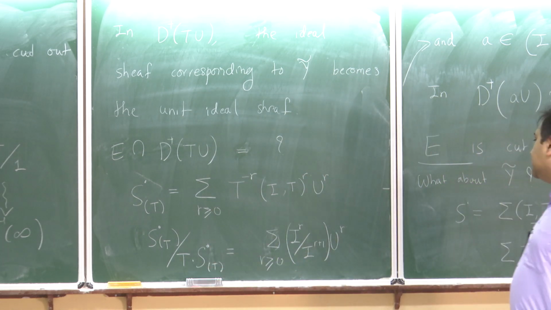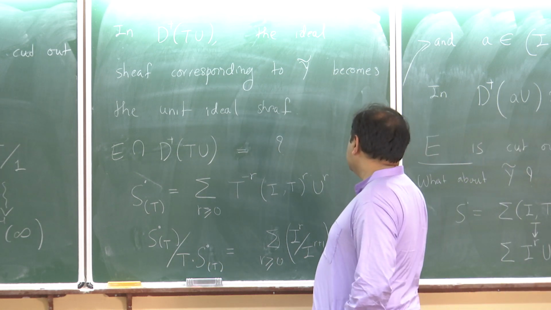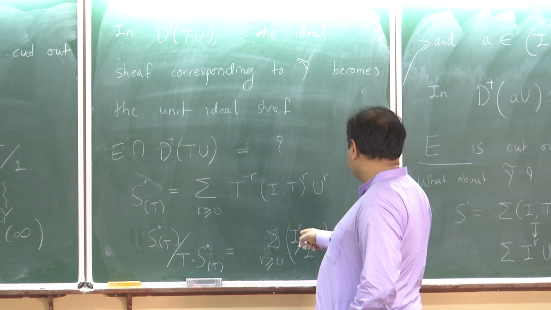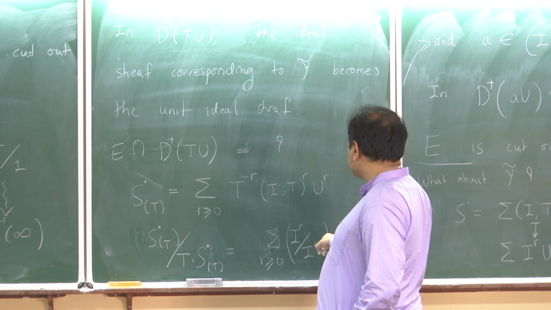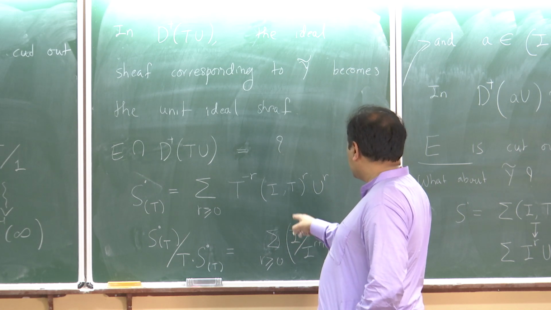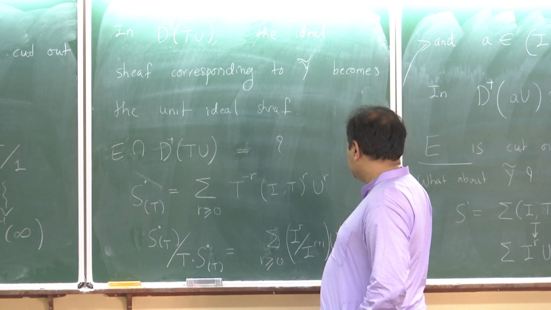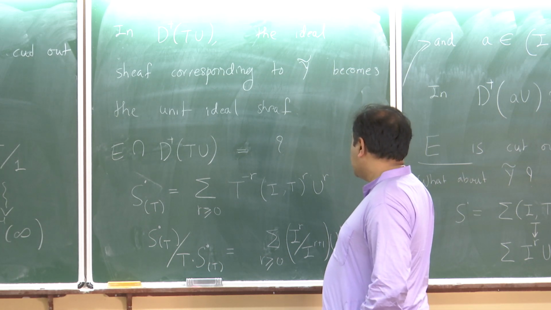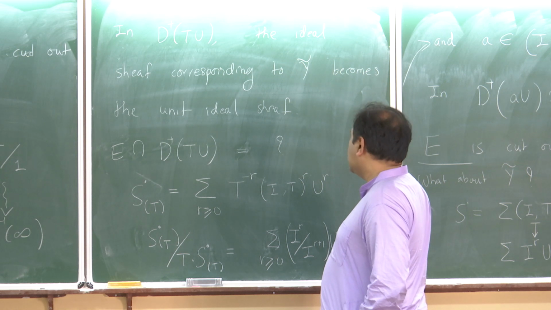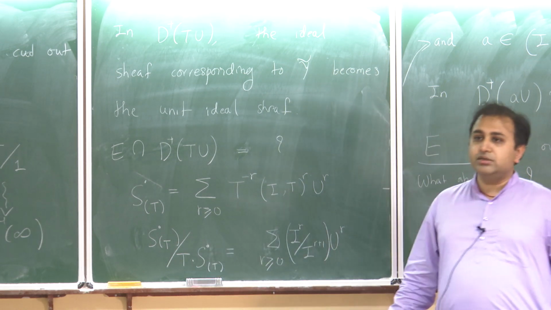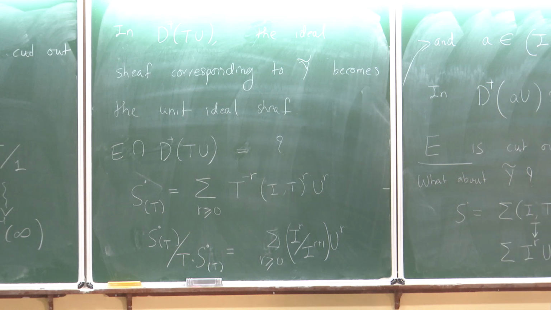But then why is this I and not I comma t? Because of that shifting. Oh yeah, t. I'm killing t. Okay, yeah.